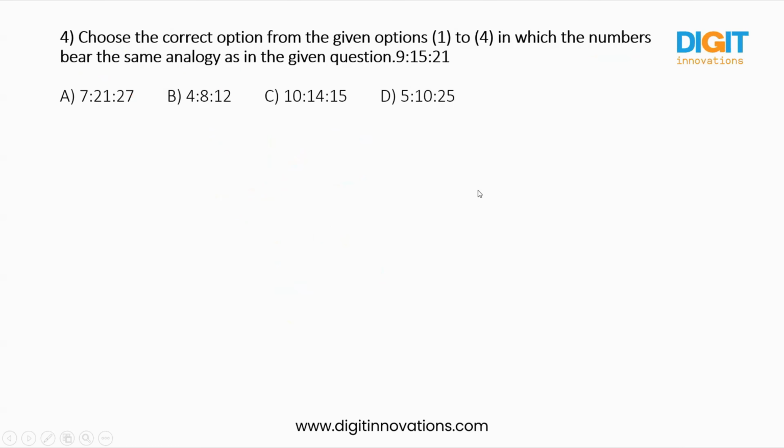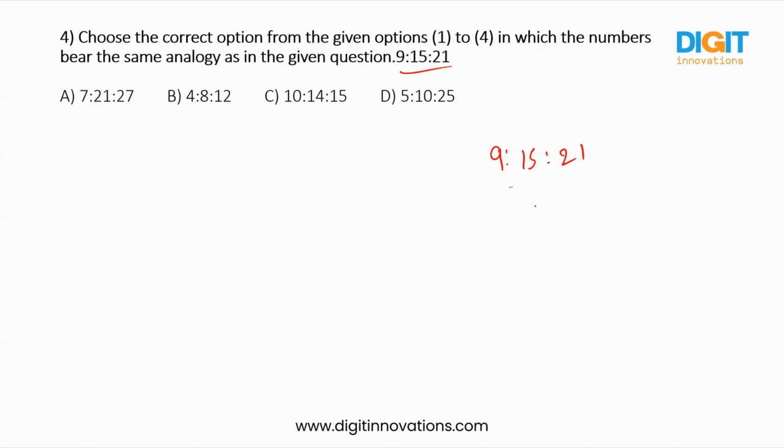Choose the correct option from the given options 1 to 4 in which the numbers bear the same analogy as in the given question. Whatever the pattern is in the given question, that should be followed here. If the same numbers are repeated here, the same number should be repeated there.